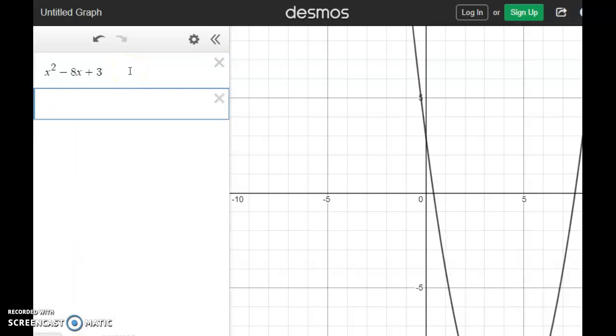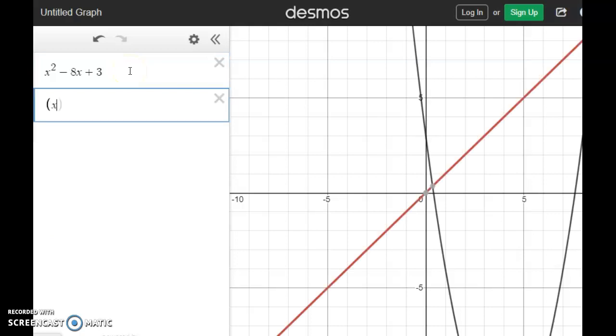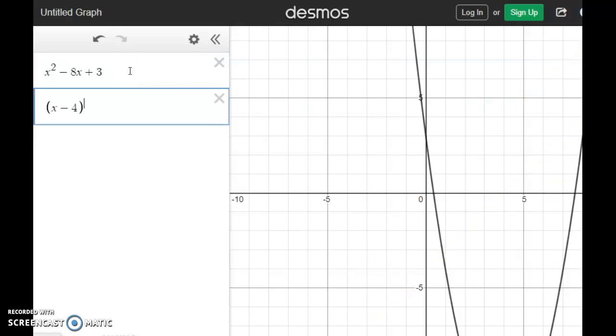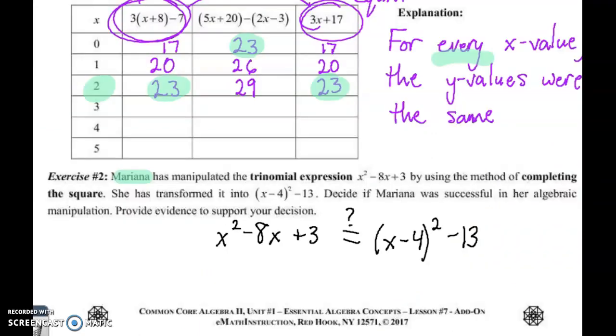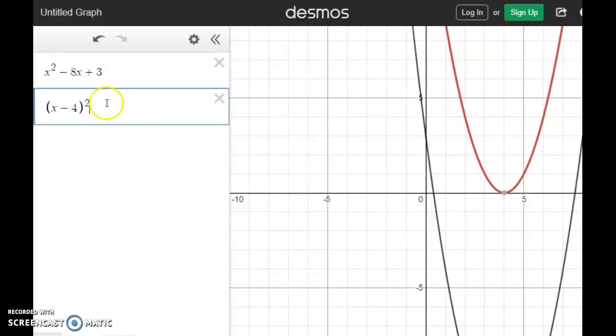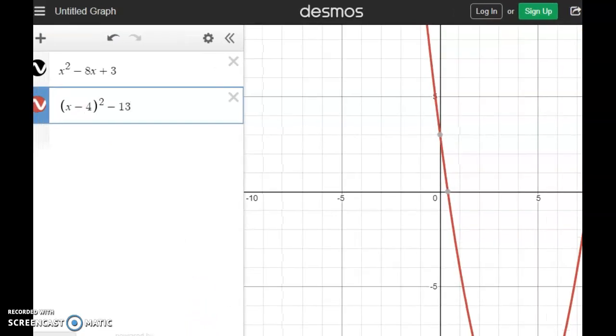And then we're going to see if that's the same as where she had x minus 4 squared, I forgot what it was, minus 13. Minus 13.